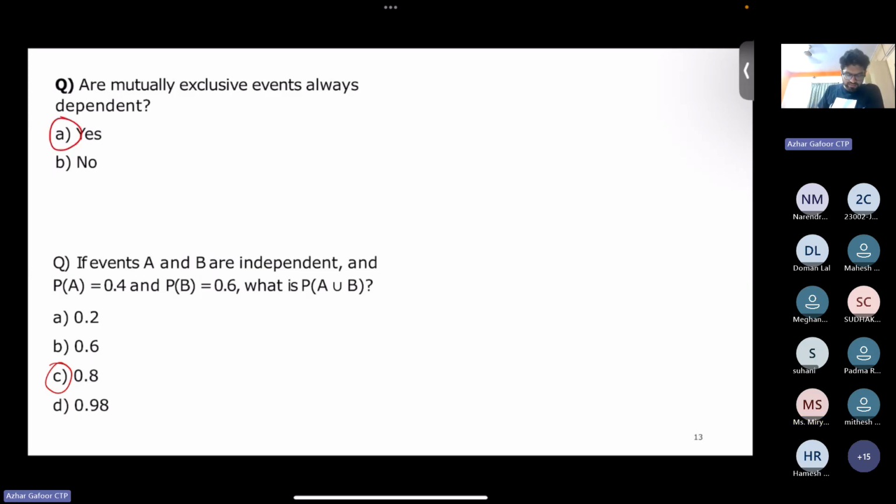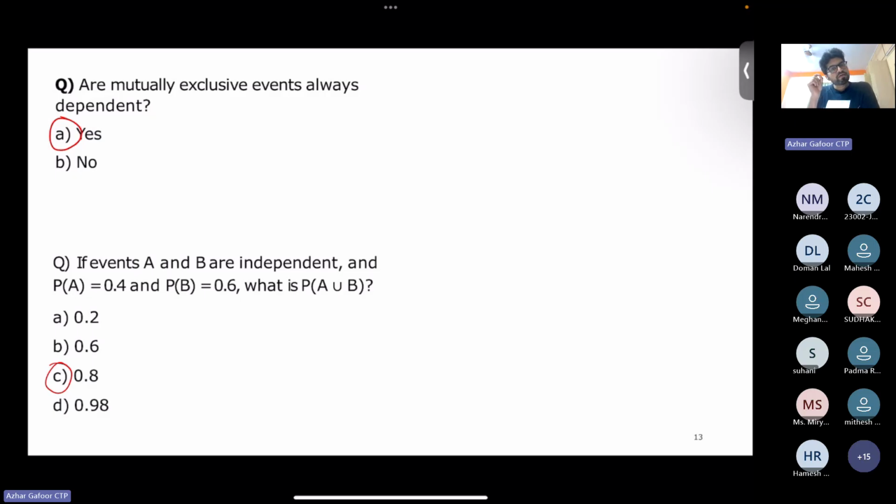So the correct answer is A. Okay, yes is the correct answer. The explanation is that if one event has occurred in a mutually exclusive event, it completely eliminates the possibility of the other event occurring. Like, while rolling a die, if the event of getting an even number has occurred, then it completely eliminates the occurrence of the event of getting odd numbers.